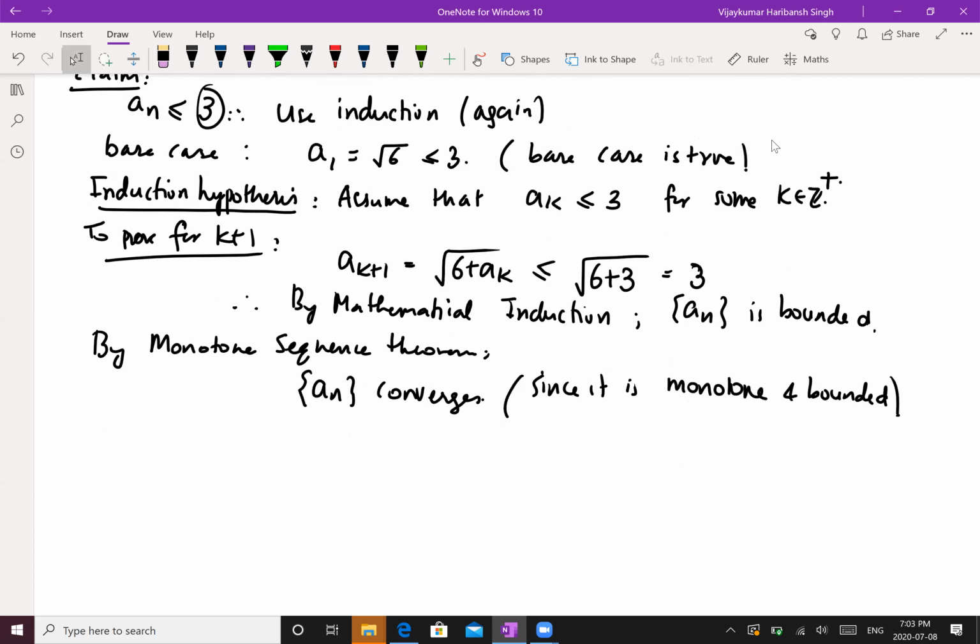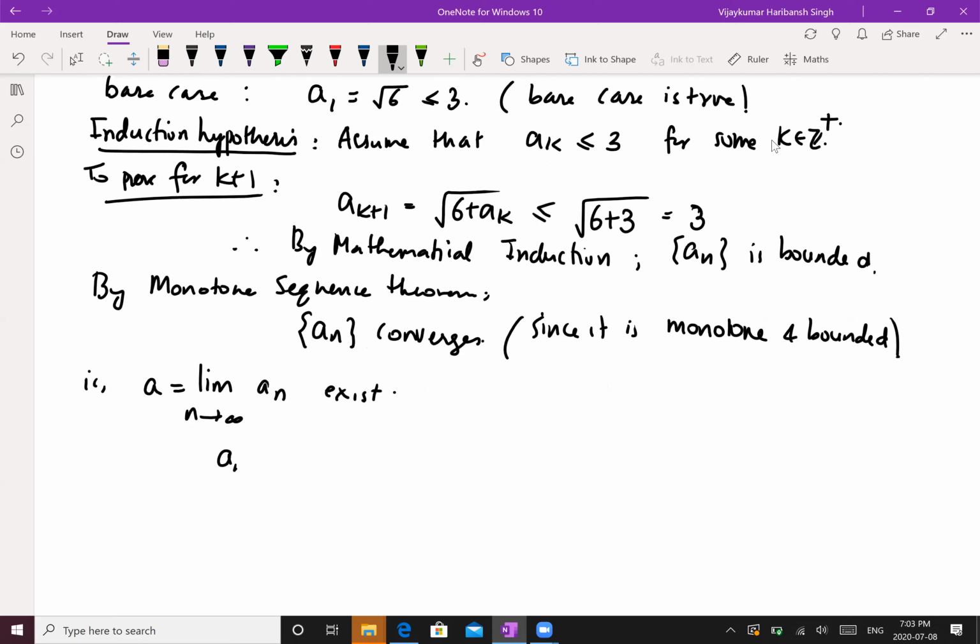Now, can we go further and find the limit? So let's find the limit. That means a, which is the limit as n goes to infinity of a_n, exists. Now we have a_{n+1} equals the square root of 6 plus a_n. Take the limit on both sides.